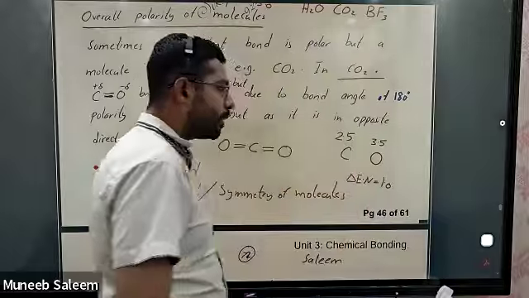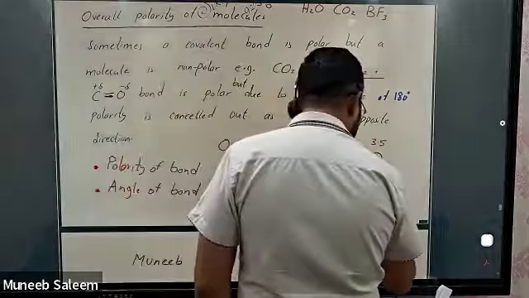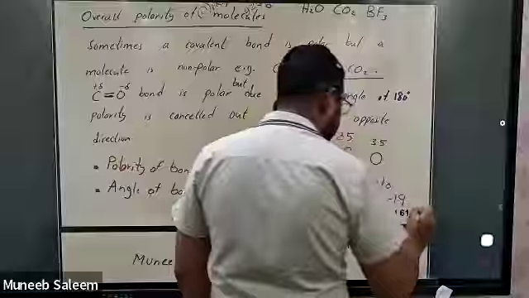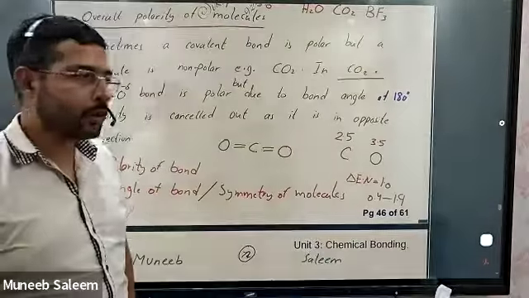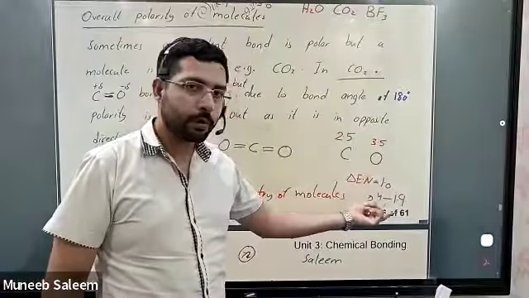That is 3.5 minus 2.5. This 1.0 is in the range of 0.4 to 1.9 for the polar bond.